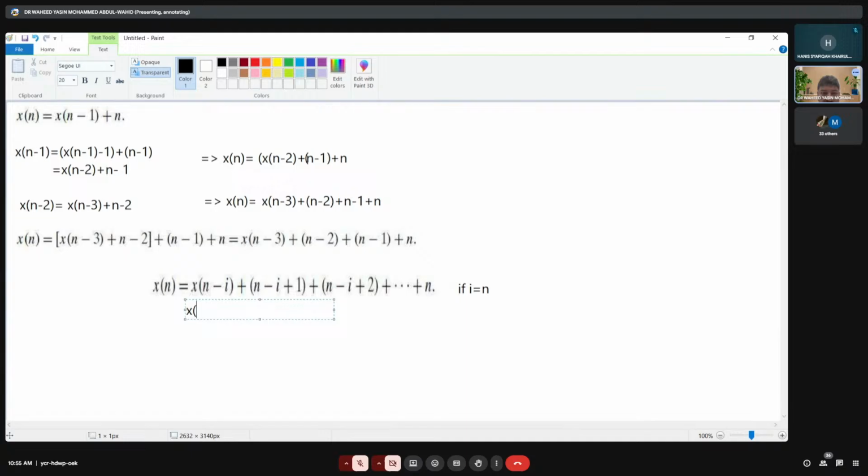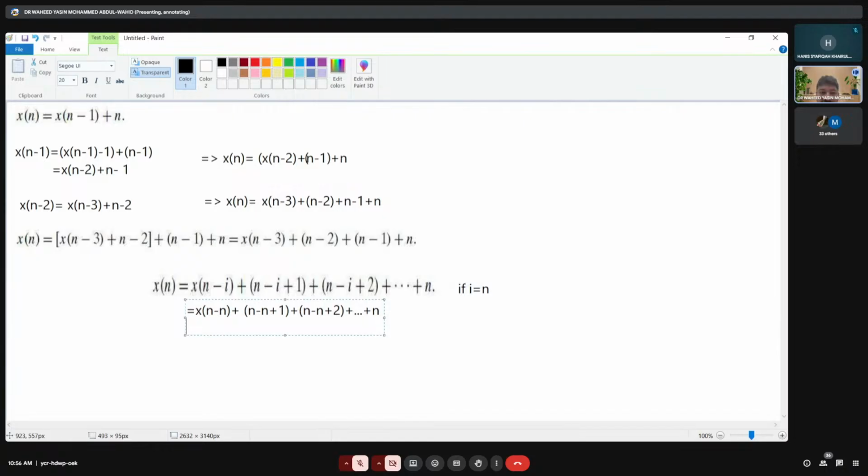x, n minus I, means I equals n. So here n minus I equals n minus n, plus n minus n plus 1, plus n minus n plus 2, plus n.